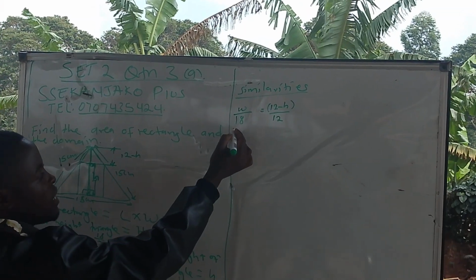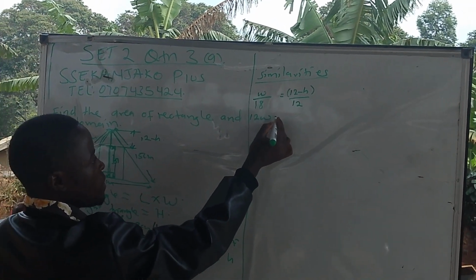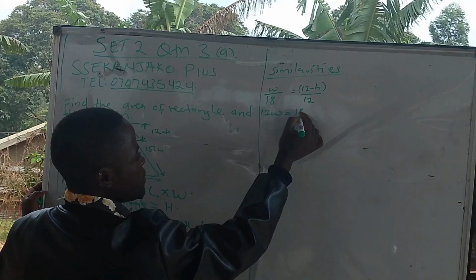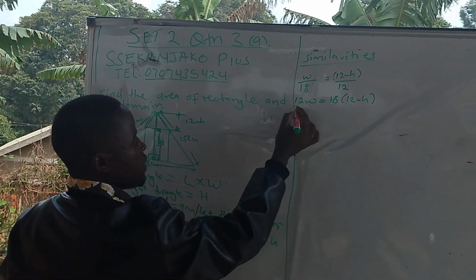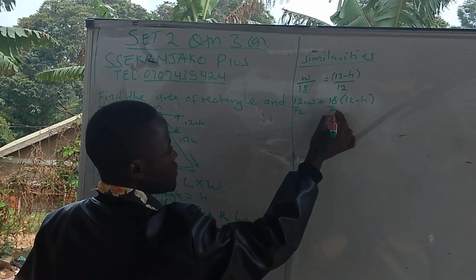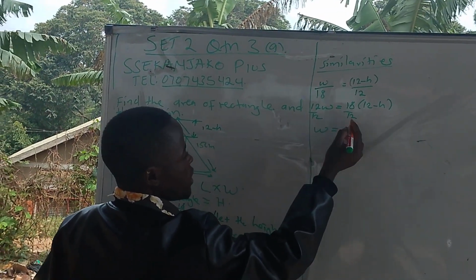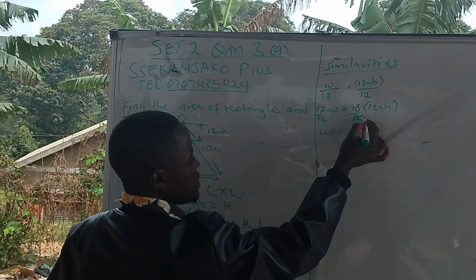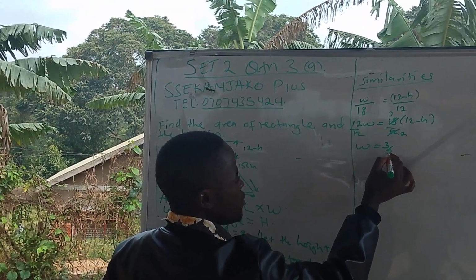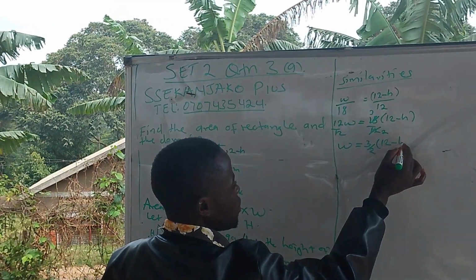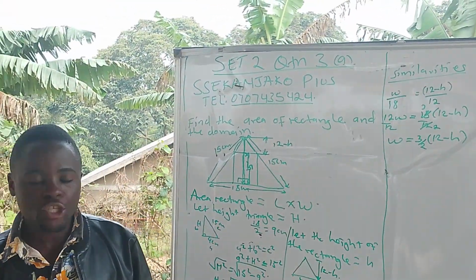When I cross multiply, I have 12w equals 18 times (12 minus h). Dividing by 12 on both sides, I remain with w equals 18 over 12, which simplifies by 6 to 3 over 2, times (12 minus h).